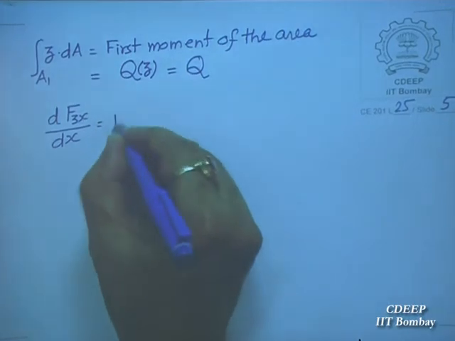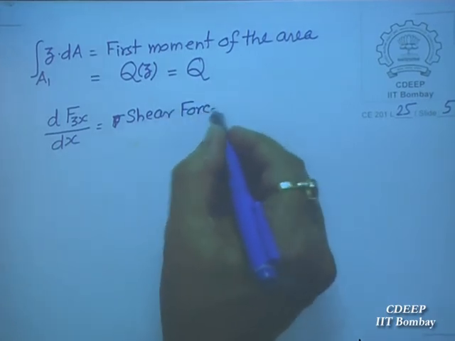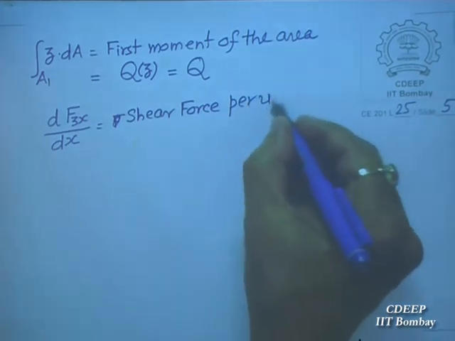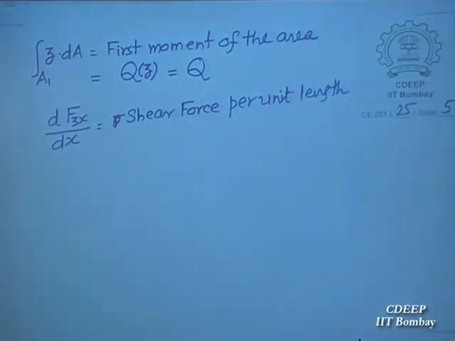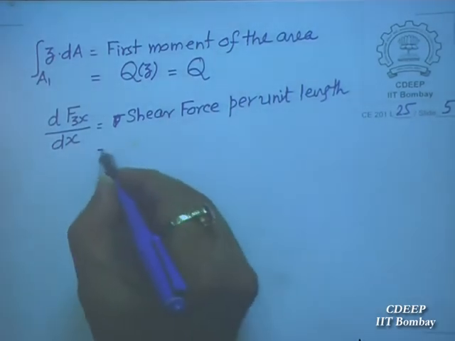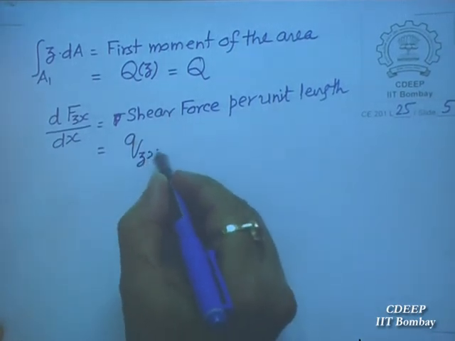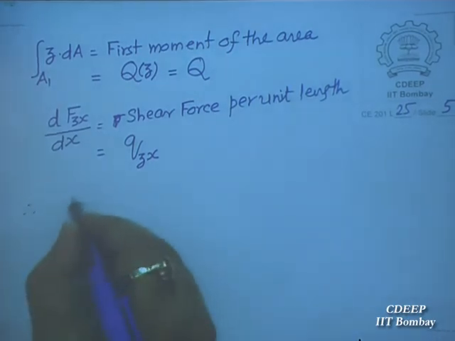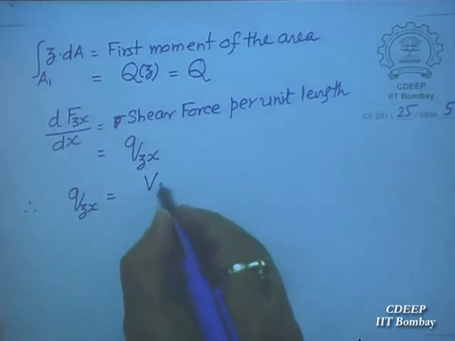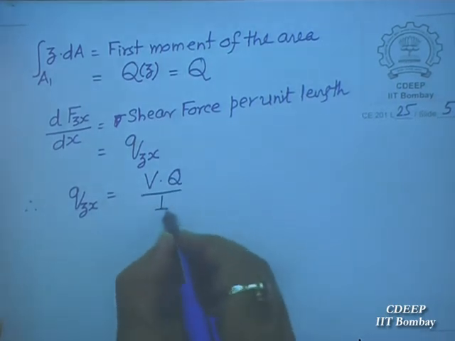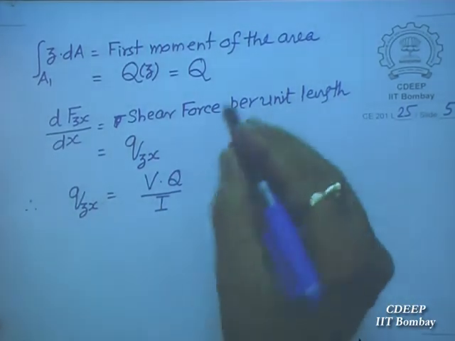So this is shear force per unit length. This we denote by the letter small q, qzx. So now we get one formula: qzx equals Vq by I. By the way, this quantity is called shear flow.